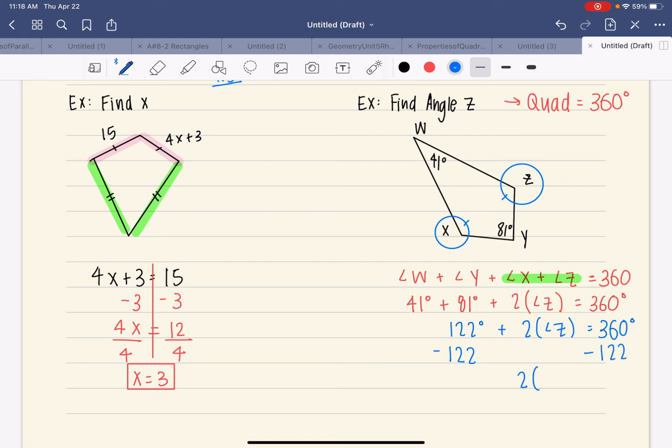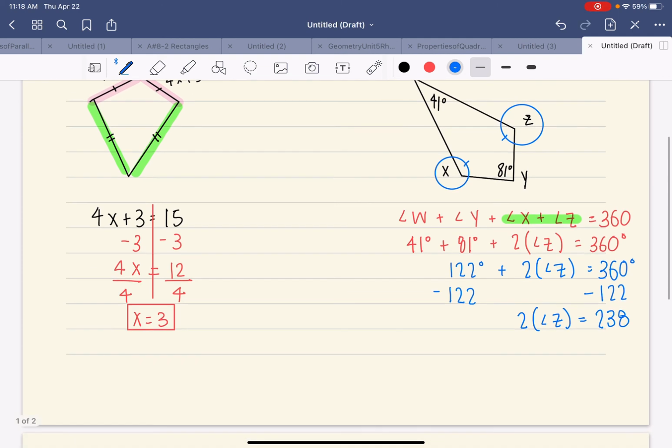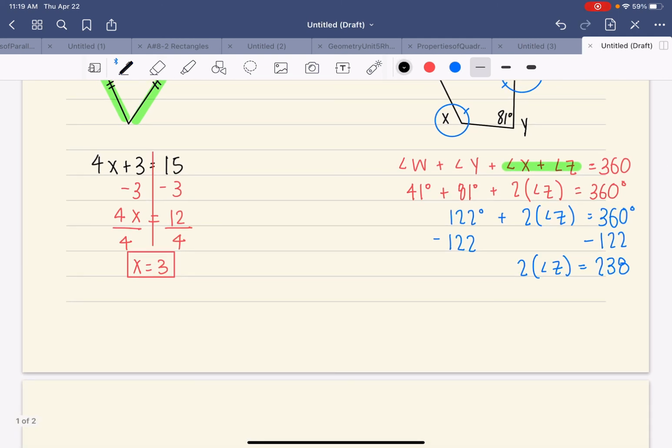We're left with 2 times angle Z, which will equal 238 degrees. And then last but not least, we'll divide by 2. So angle Z and angle X will both equal 119 degrees. All right. Bye.